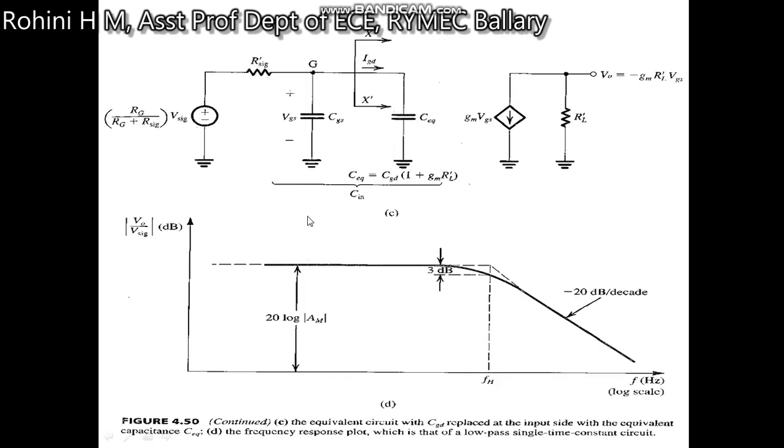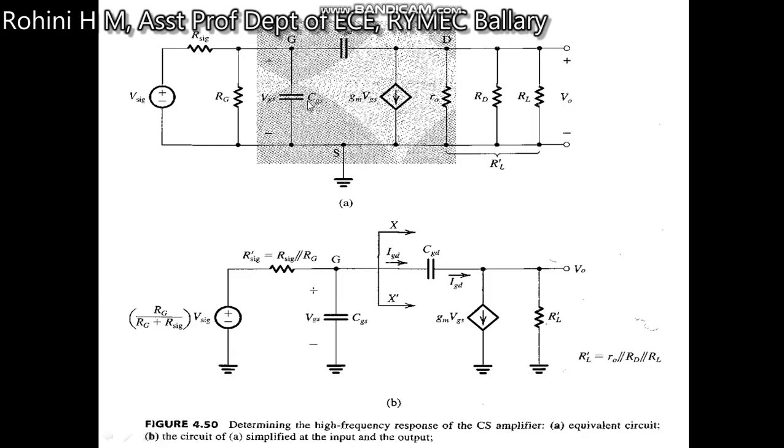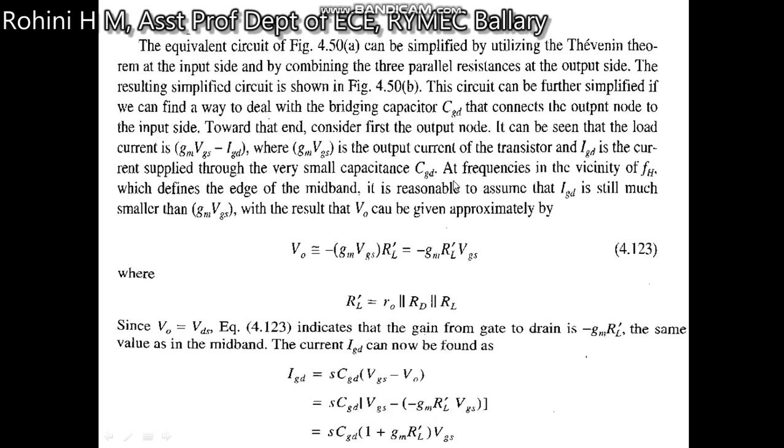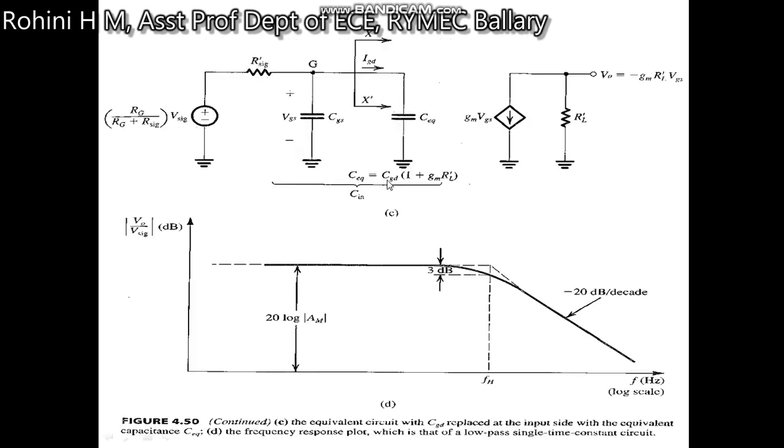So the equivalent circuit has CGD replaced at the input side with the equivalent capacitance C equivalent, which we have added here. How do we find C equivalent? C equivalent is equal to CGD into 1 plus GM into RL dash.